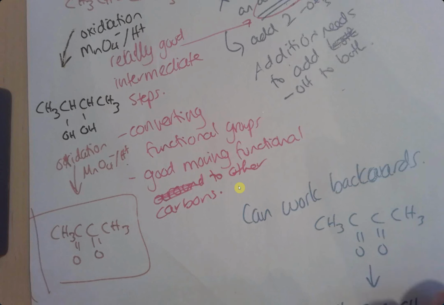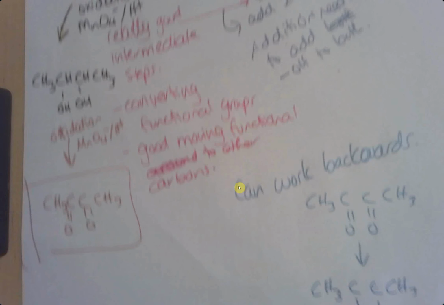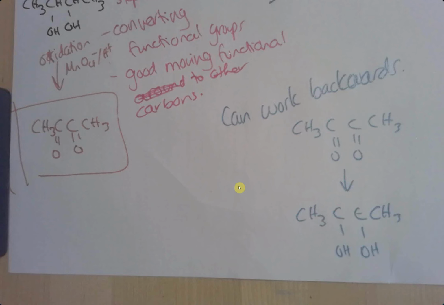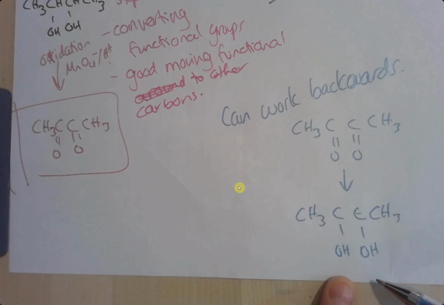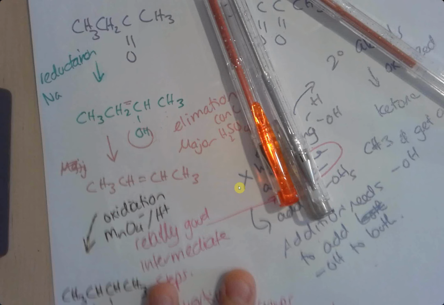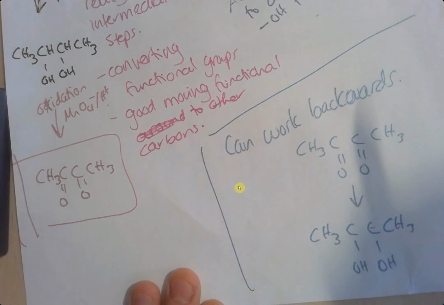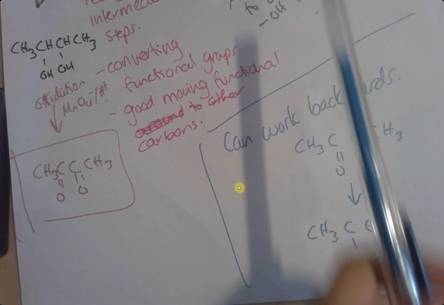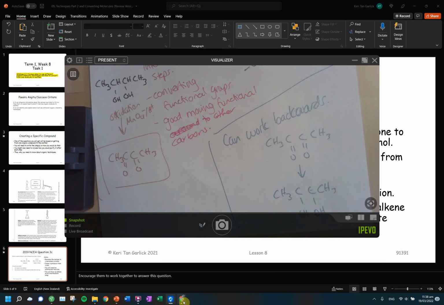So I can start working backwards, and with that information, that might actually help me figure out, okay, what do I need to do to get this molecule from this molecule up here? So feel free to work backwards. Working backwards can really help. Don't feel like you need to go in any order with organic chemistry, because it just needs to be the order that gets you the right answer, because everything's interconnected.